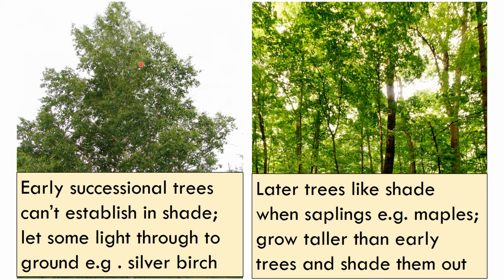So the birch lets a bit of light through. That allows the sapling for things like maples to establish. And when they grow, they eventually grow taller than silver birch, so they eventually shade them out. So even when you get to the forest stage, you have different species of trees competing with each other, depending on which conditions they favour and how high they can grow.